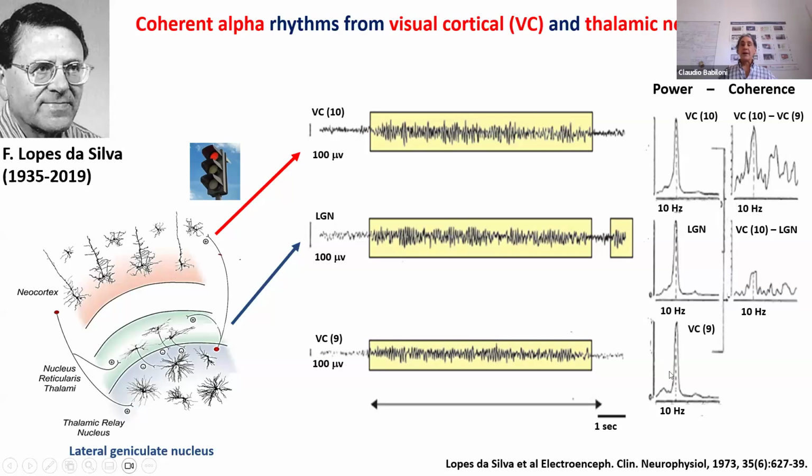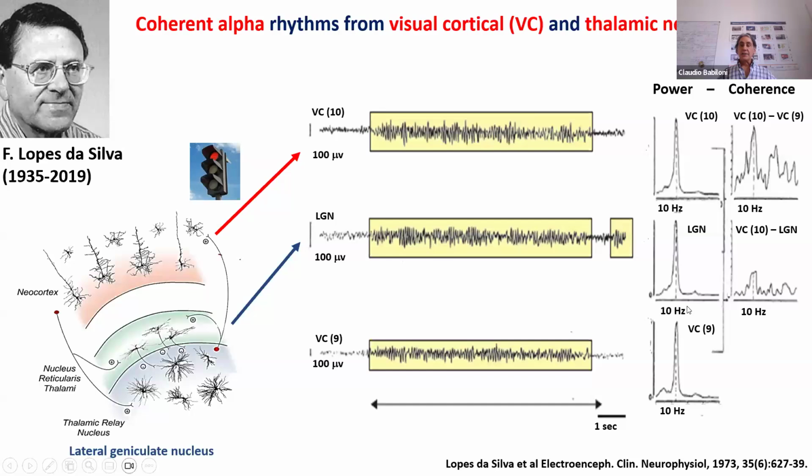In the right part of the picture, you see the power density spectra obtained from electrode 10 in the visual cortex, and it's very clear that even if the EEG activity is complex, the dominant power density is observed at 10 Hz.